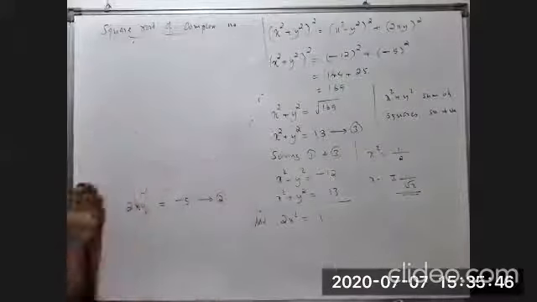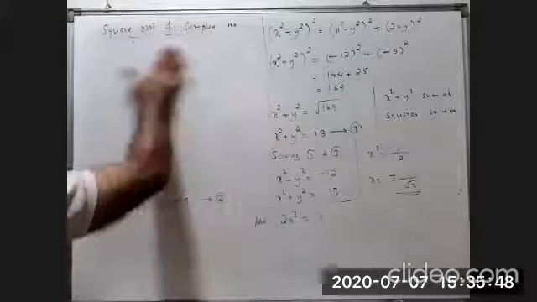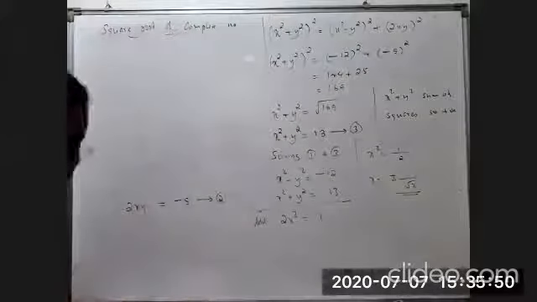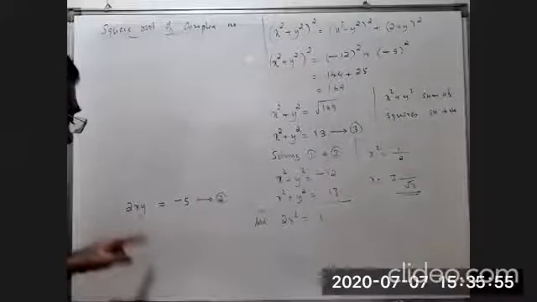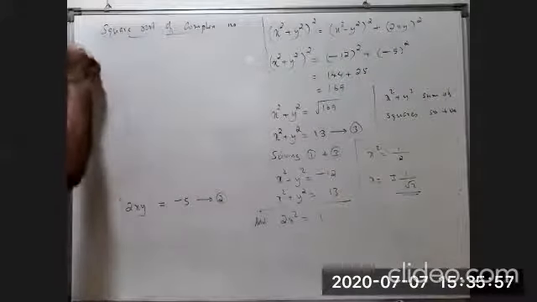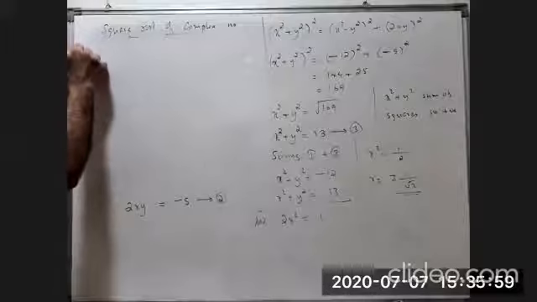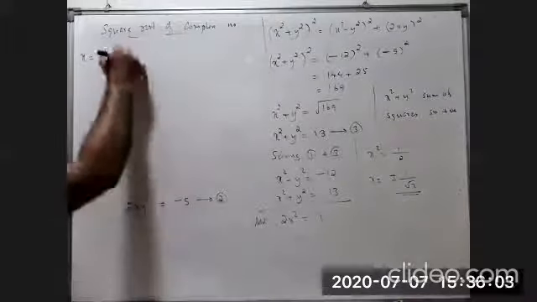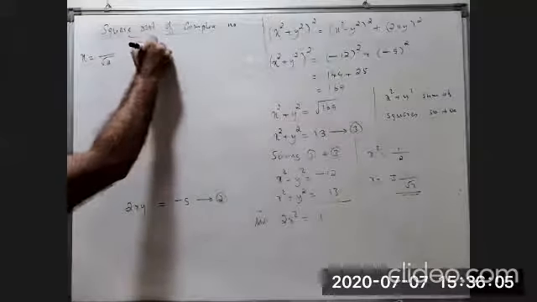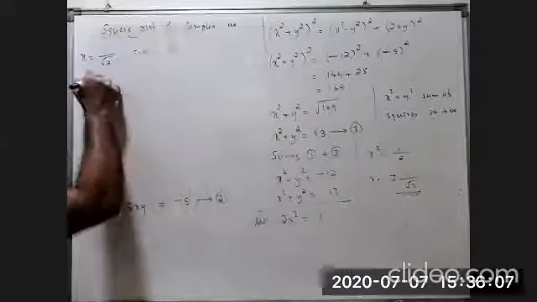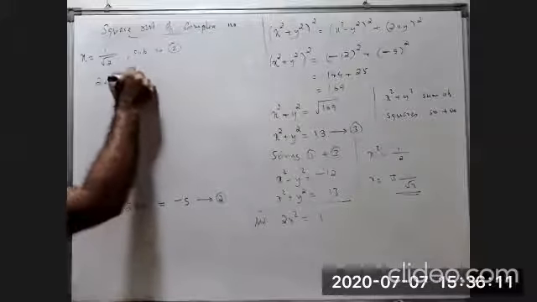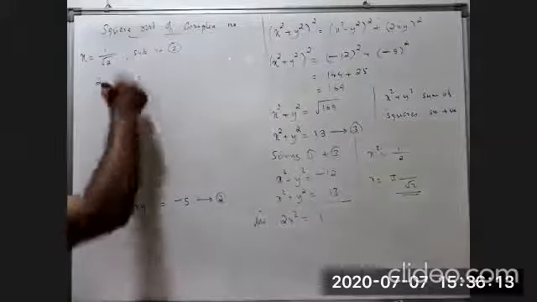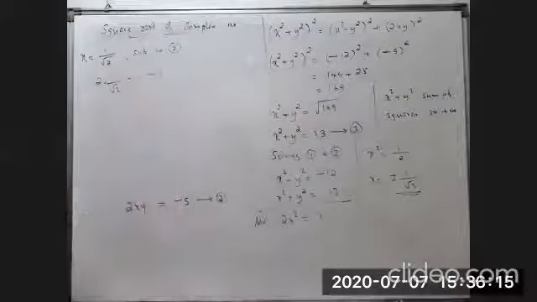Now, to find the corresponding y value, we will substitute that in equation number 2. If x is 1 by root 2, positive, substituting in 2, 1 by root 2 y is equal to minus 5.